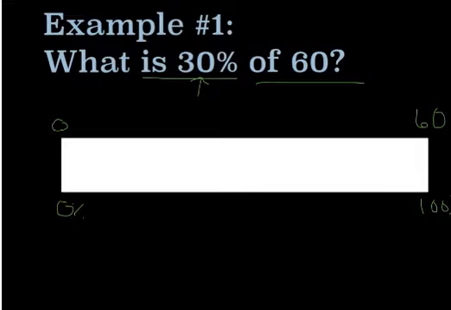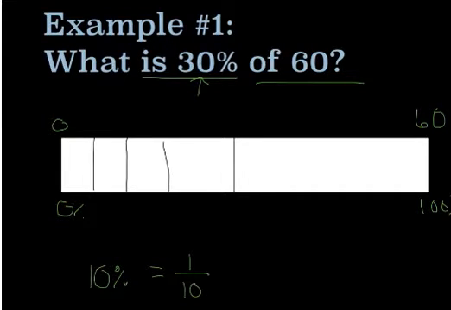Now think of what benchmark percent we can use to divide this bar into portions. Obviously 10% is the simplest percent that can make 30%, and that is 1/10 of 100. So you should divide this bar into 10 portions, like you can see there.